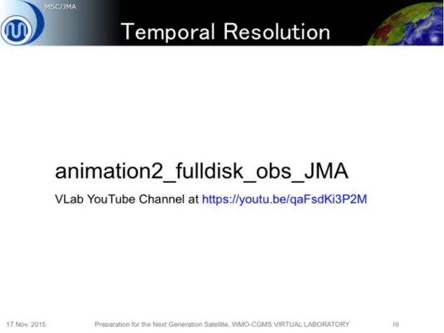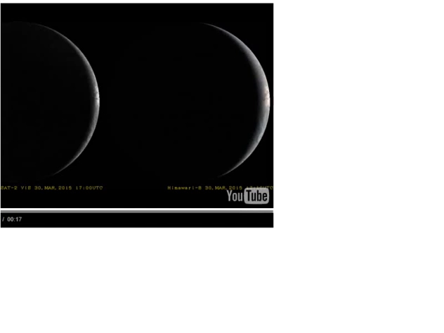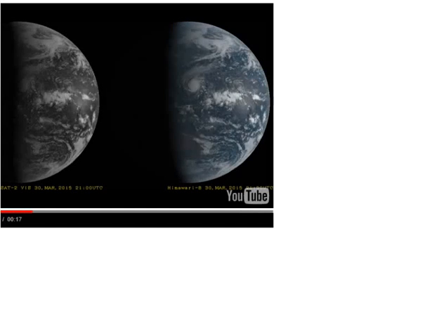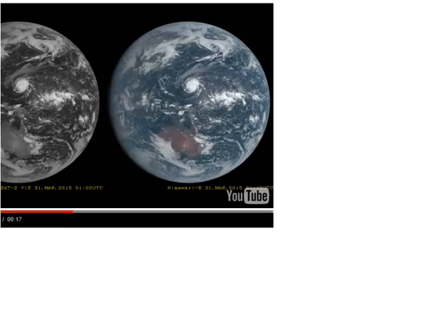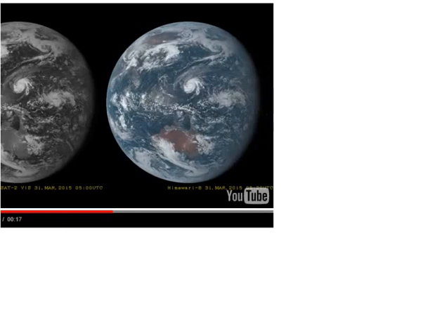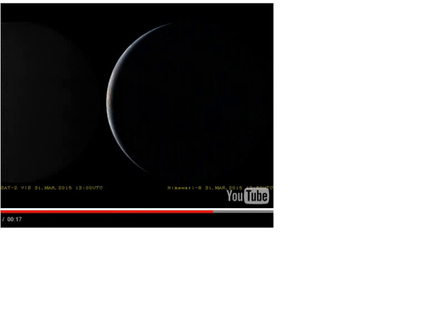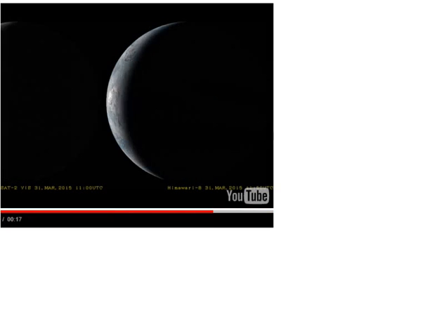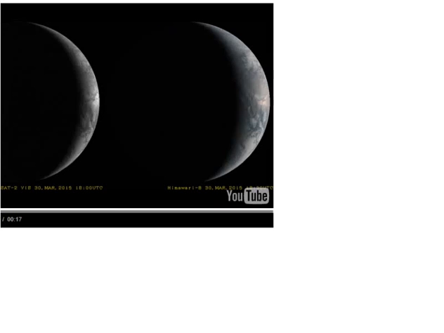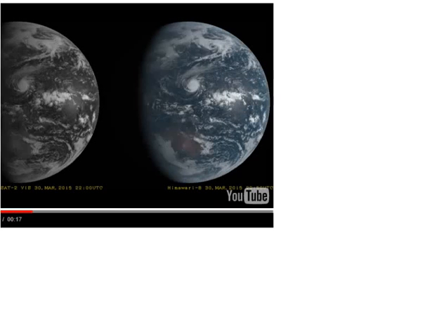Next is temporal resolution for full disk observation. These two full disk images were observed at the same time by MTSAT-2 and Himawari-8.